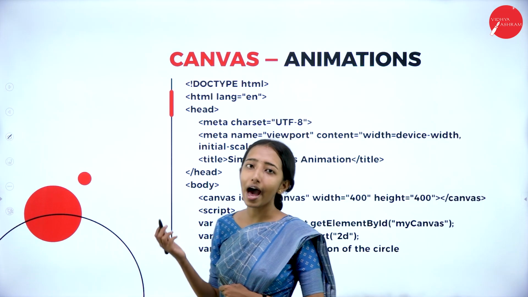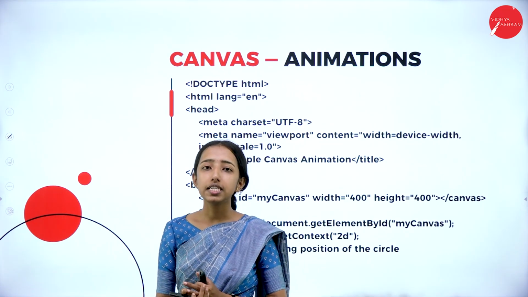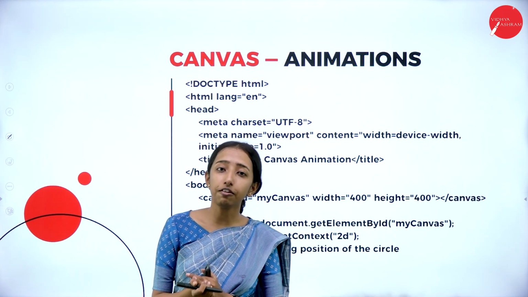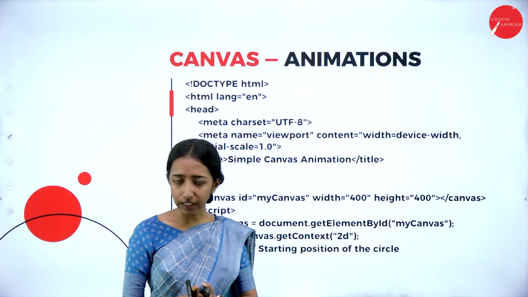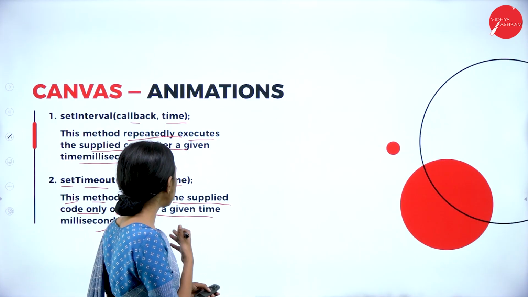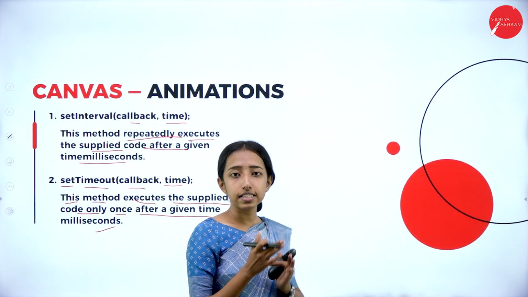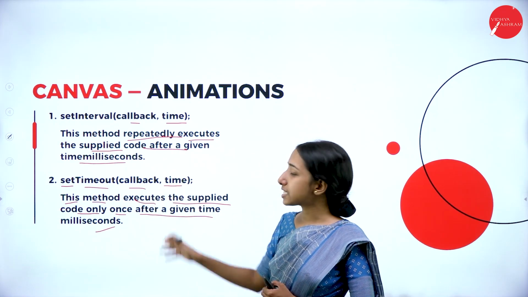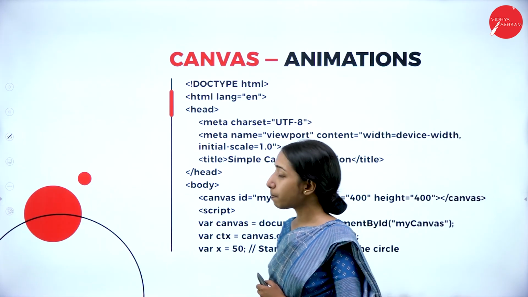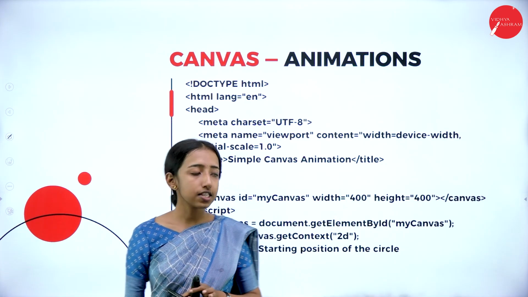So here we will be having an example of how we can do it. In CSS animation we have used the keyframes with the animation property. In canvas we will be using these two methods, that is setInterval and setTimeout. So here a simple example of it, and the first thing is the title.